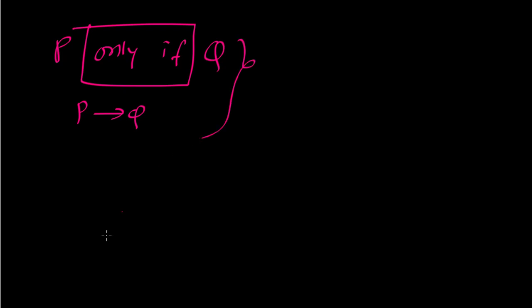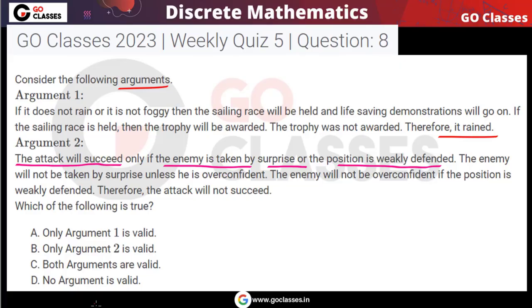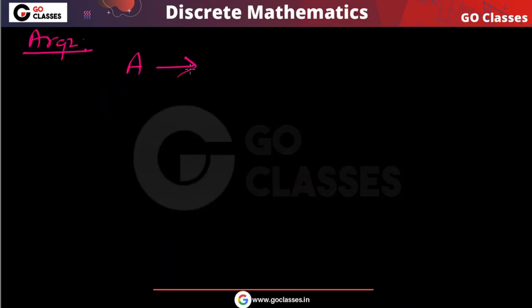I told you the proof in the lecture. So the attack will succeed implies the enemy is taken by surprise or the position is weakly defended.